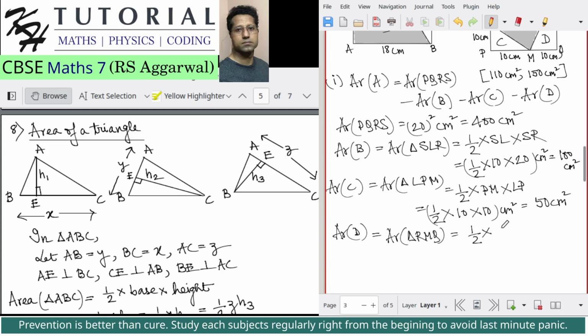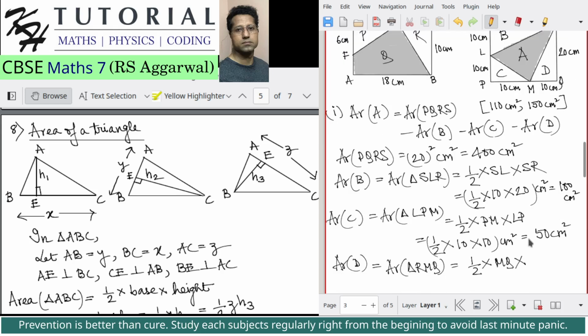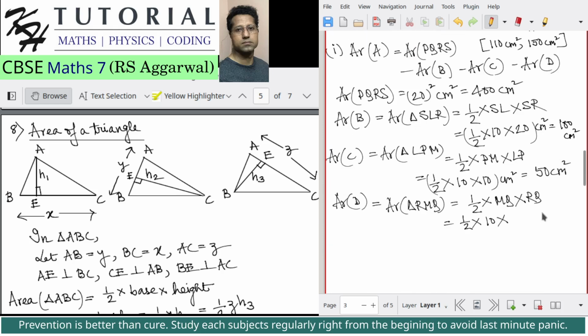We can consider MQ as the base and RQ as the height. So this is equal to half times MQ, which is 10, and RQ is equal to the side of the square, so 20. This much centimeter square, and which is equal to 100 centimeter square.